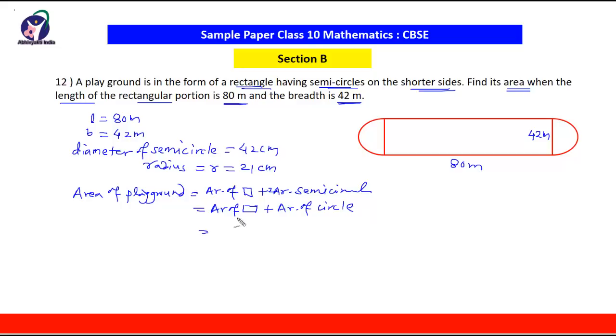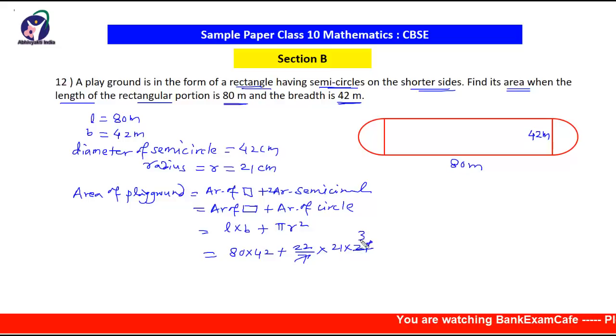So area of rectangle will be length into breadth, plus area of circle, that will be pi r square. So which is equal to 80 into 42 plus pi, which is 22 by 7, into radius 21 into 21. So it will be 7 1s are 7, 7 3s are 21.